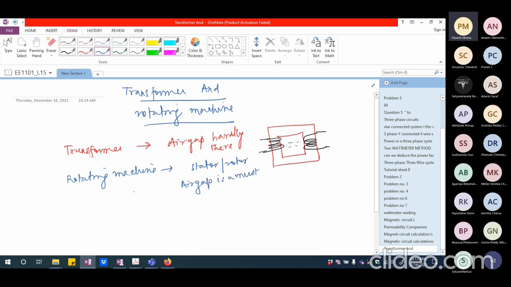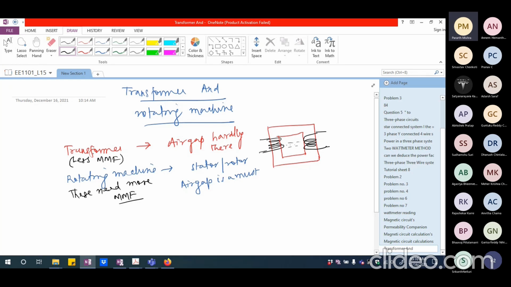Obviously, rotating machines as a rule will require more MMF. So these need more MMF to establish a particular flux, whereas these need less MMF, which is sufficient because there is not going to be any air gap.